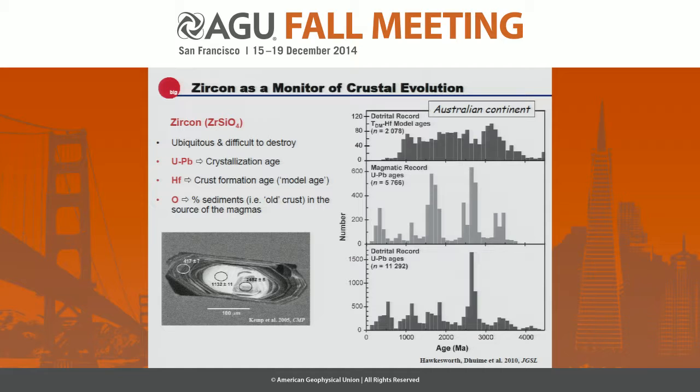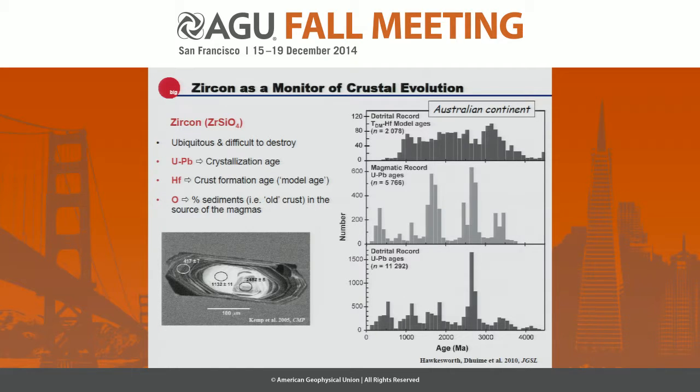The second approach is based on the zircon record, so I'm going to be quick on this one. Many people have discussed those diagrams, so this is just a compilation of plots for the Australian continent. You might want to take a different database based on a different continent or something worldwide.